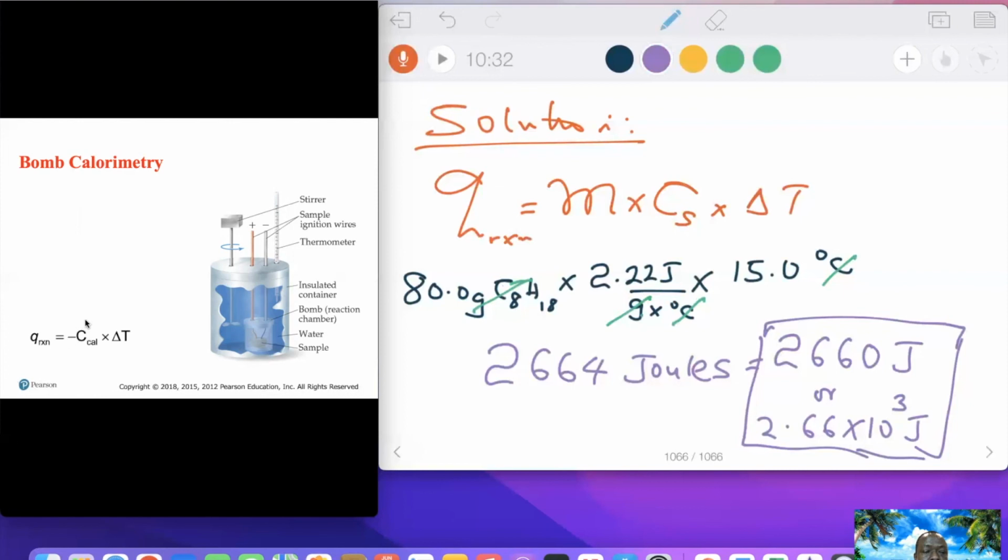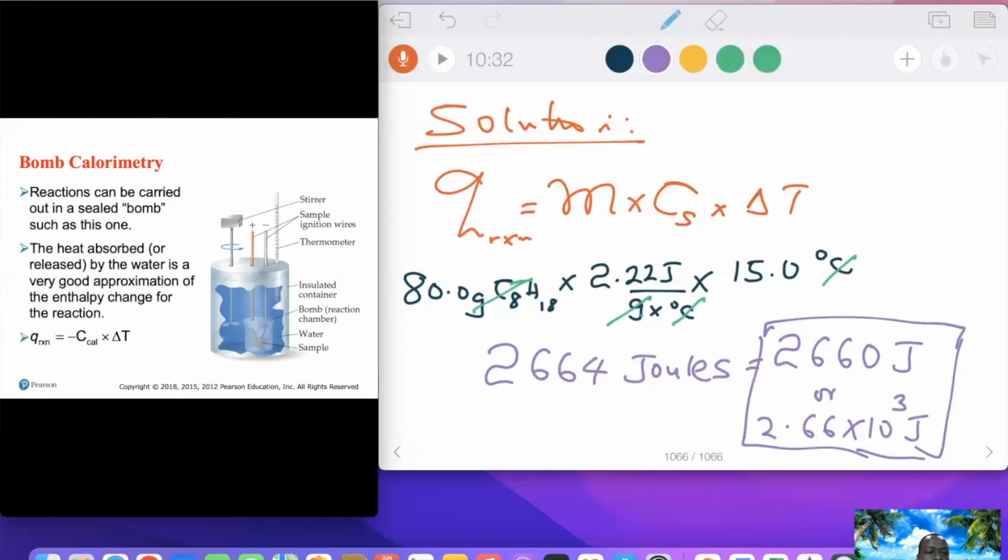We need to know the heat capacity of the calorimeter and what? The change in temperature, which is just final minus initial. You'll see this in the lab where you'll be calculating the heat of reaction given the heat capacity of the calorimeter.